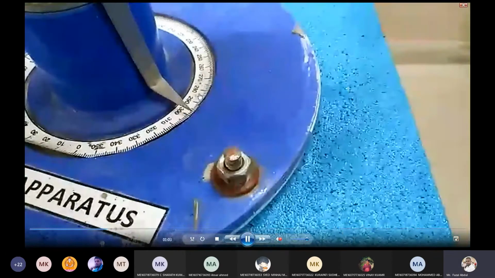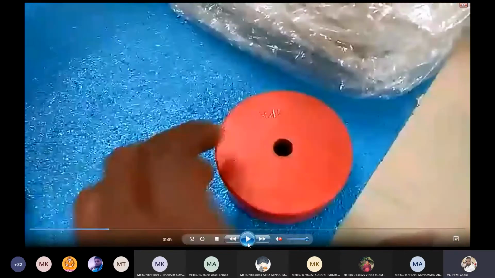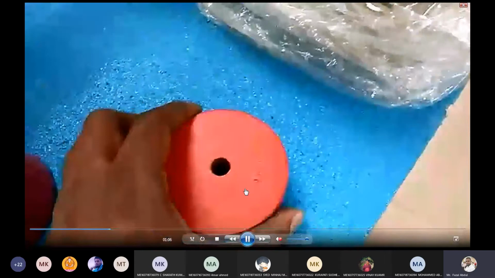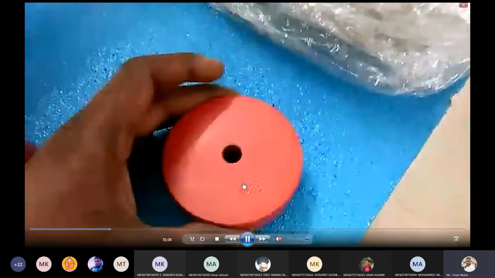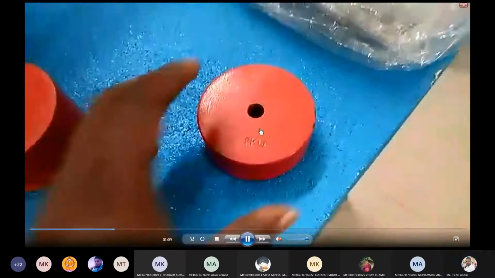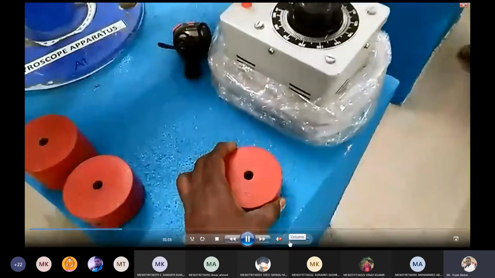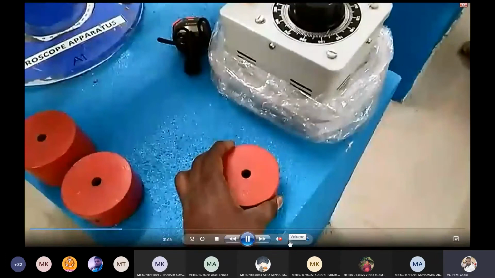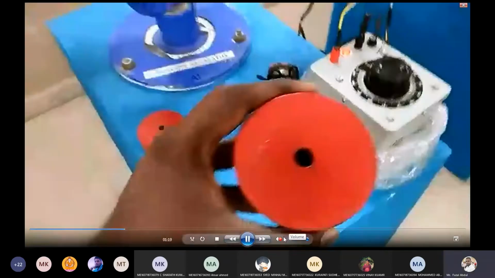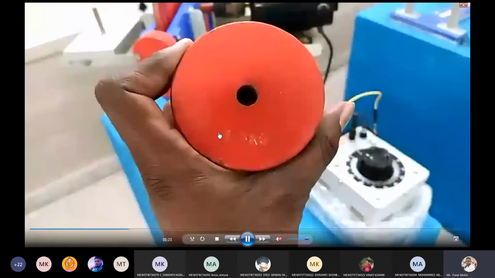Now these are the loads. For this setup we have three different loads. This is the 1 kg load, and this is another load of 1.5 kg.